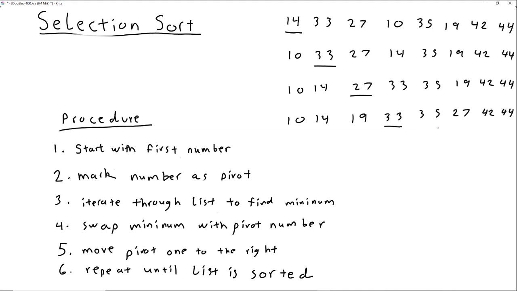The minimum number is 27. So we'll swap. Then move the pivot over again. Looking across, the minimum number is 33.